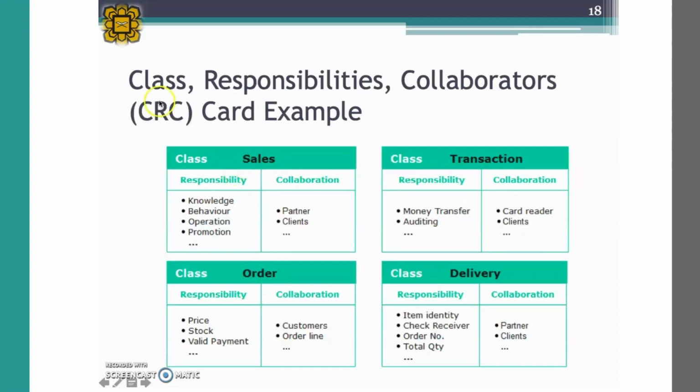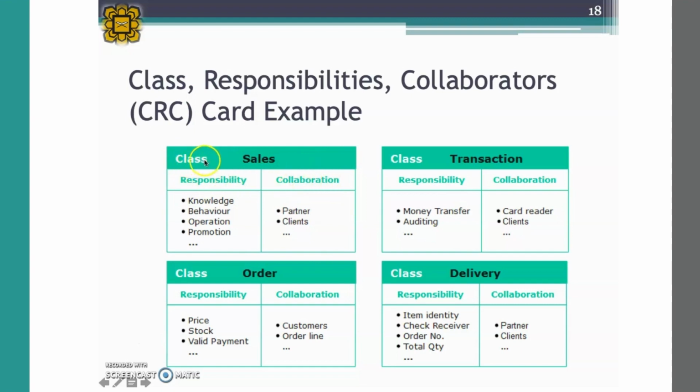So this is an example of CRC card. CRC stands for Class Responsibilities Collaborators card. So what is this card for? When they try to understand the role of each entity, they will have a card, okay, and the card has this information: the class name, the responsibility, and the collaborators.